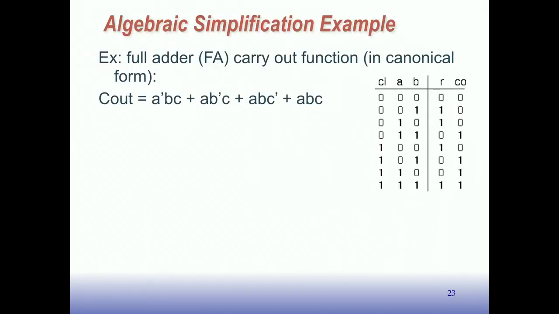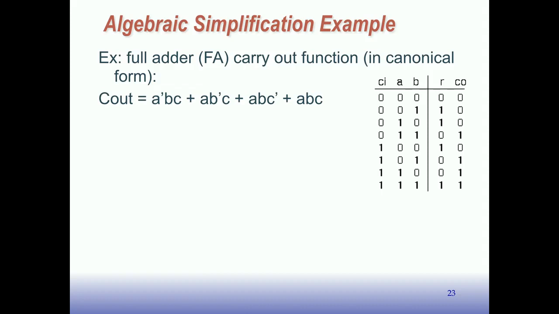Before we do that, I'm going to show you another example of applying the laws of Boolean algebra for doing simplification. We're going to go back to this adder example. So here's the truth table for one column of the adder, one cell in our ripple adder. The full adder cell has 2 outputs, R and C out.